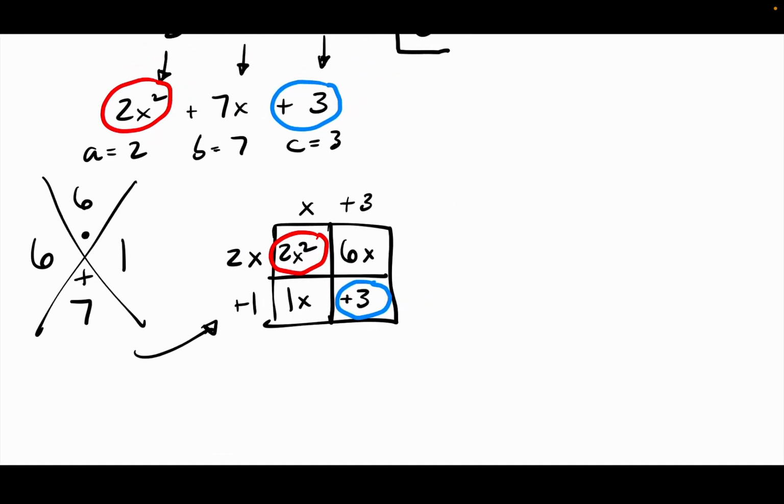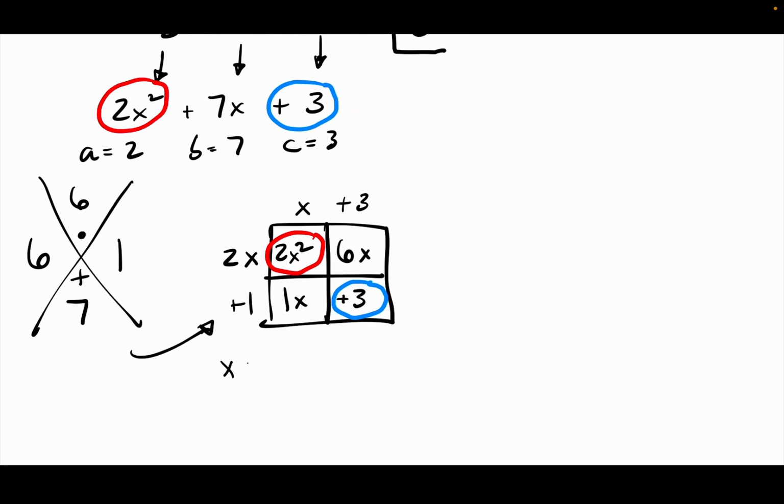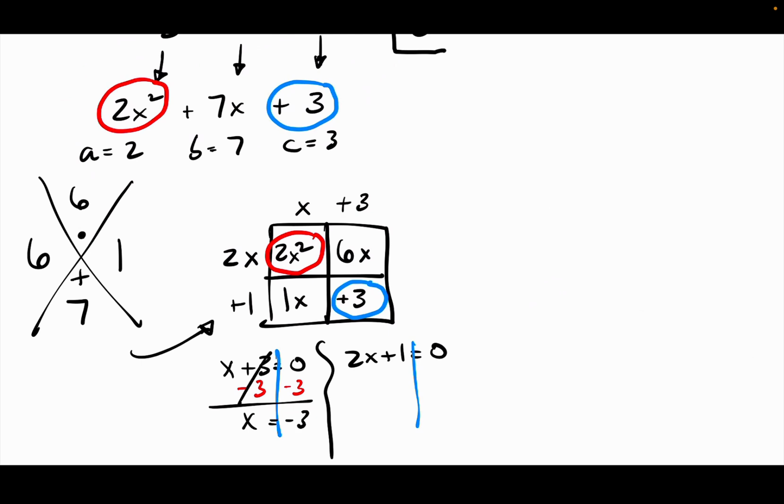Last step, get your 2 answers. x plus 3 equals 0. 2x plus 1 equals 0. Subtract 3 from both sides. There's one of them.